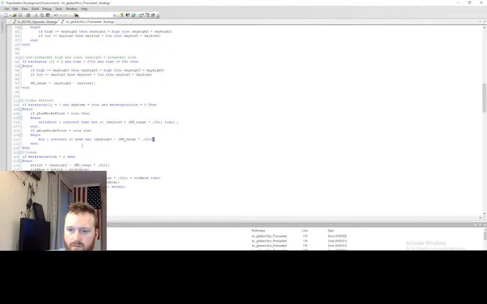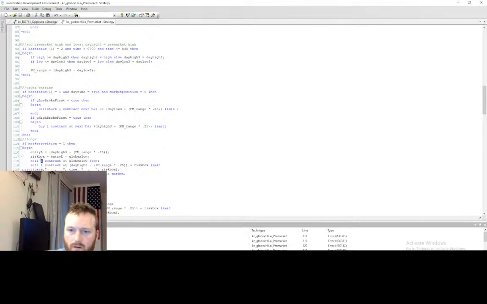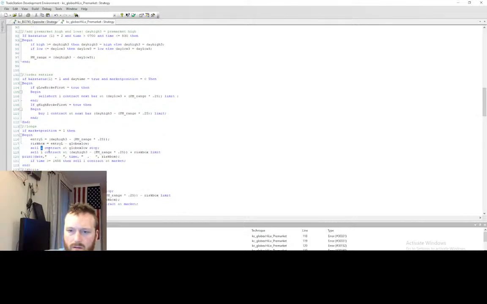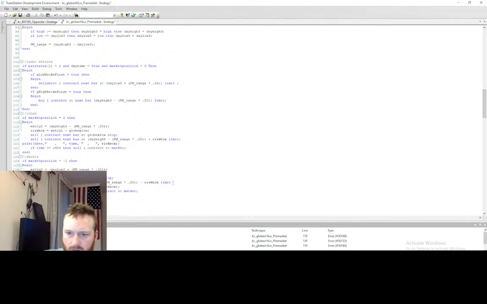Forgot the syntax a little bit here. Limit. Good. Sell one contract. Next bar. Next bar. There you go. At limit. Limit and stop. Next bar.